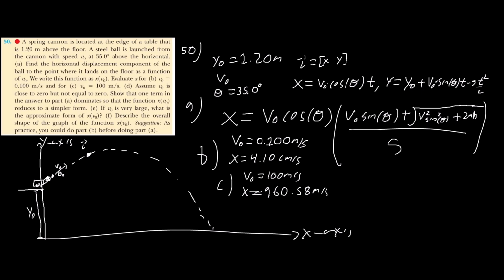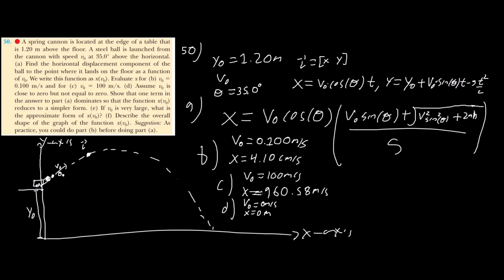Show that one term of the answer dominates. So I'm going to put 0.00001 in for my V naught in my calculator and evaluate this. I'm going to show you the end result that I got. And I got 0. When V naught equals 0 meters per second, your X is going to be 0 meters. That's what I end up getting in the end.